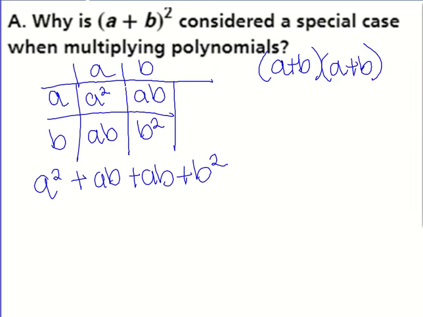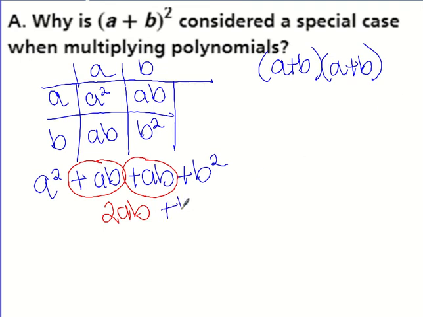But we can actually combine like terms here and here because this is ab and ab. So now I have 2ab, right, I have two of them, plus b squared and plus a squared.